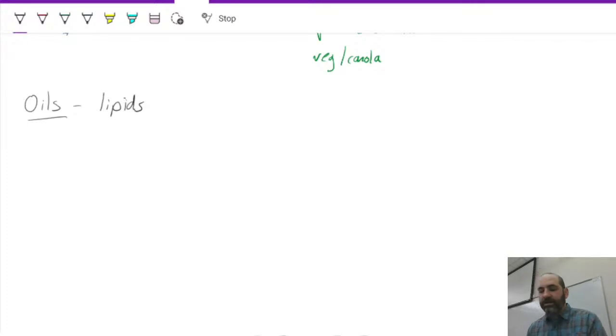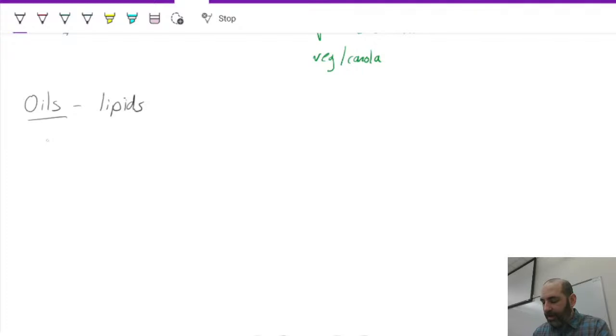That's any kind of non-polar molecules. We're going to get into that more, probably next week, maybe a little bit tomorrow. These would be fats, oils, waxes, and then other types of molecules, a lot of hormones and things like that fall in this category as well.